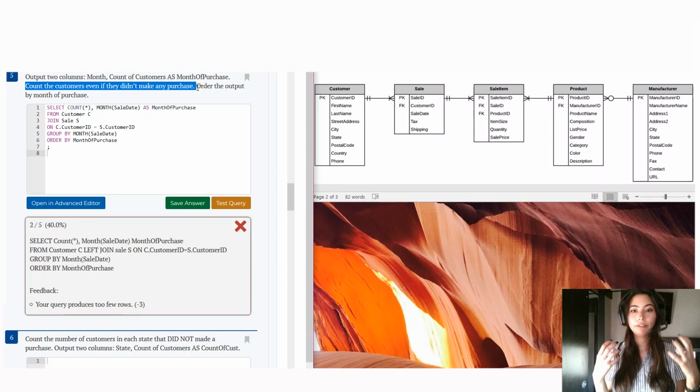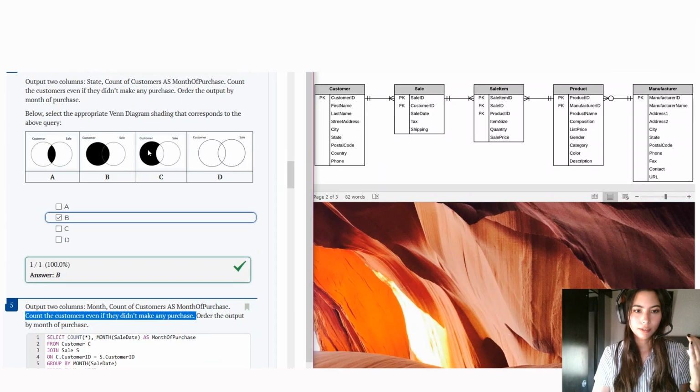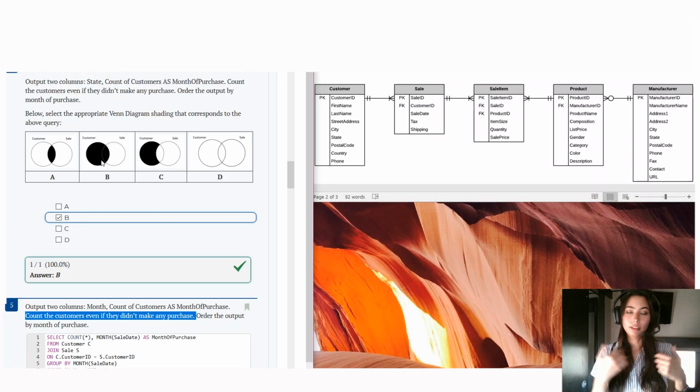But if we wanted everything from customer but nothing from sale, then we would have this outside look, and sale would be null. It wouldn't have anything. If we wanted all customers who made a purchase and didn't make a purchase, then it would be like this. If we wanted customers who only made a purchase, it would be this.